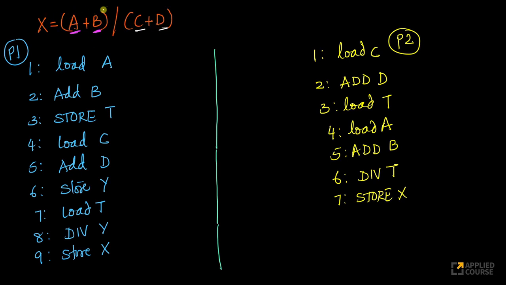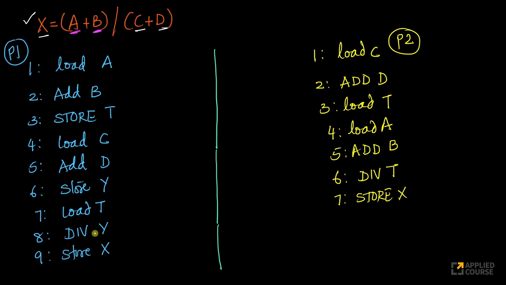So this will be computed first, this will be computed first, and their results are divided. Now the whole resultant has to be stored back in X. Let's assume X, A, B, C, D are either register names or memory locations, so let's just assume that they are general memory locations. How can I compute this?